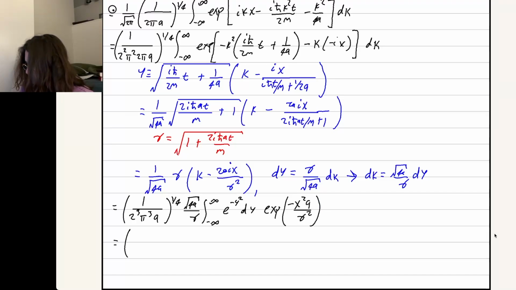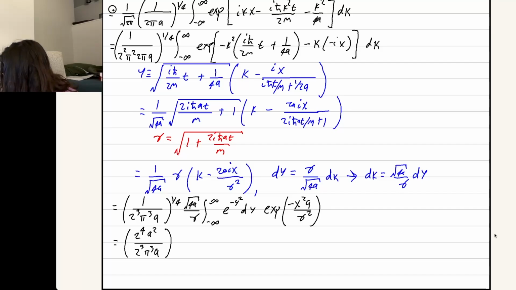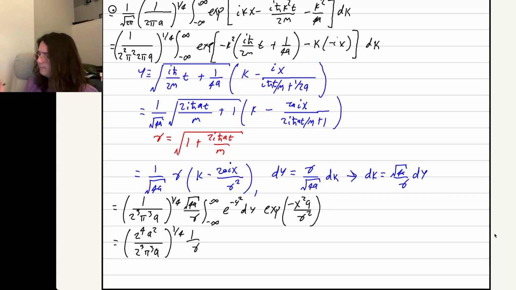So we're just going to move the root 4a into that 1/4. So we're going to say 2 to the 4th a squared over 2 to the thirds pi to the thirds a, 1/4. We still have 1 over gamma here. And now this is going to be the square root of pi, that integral.